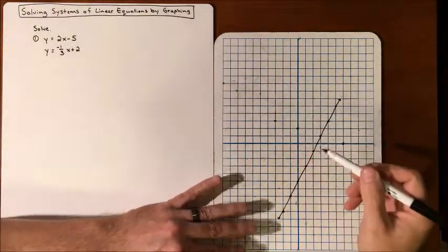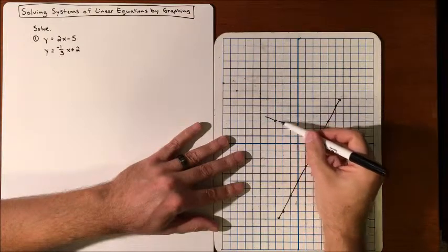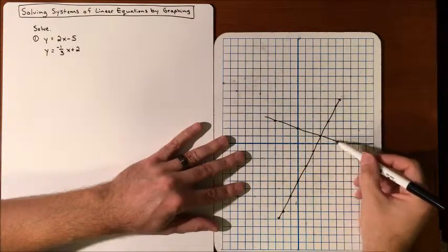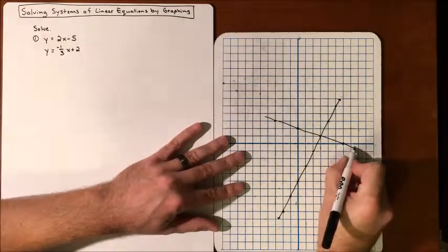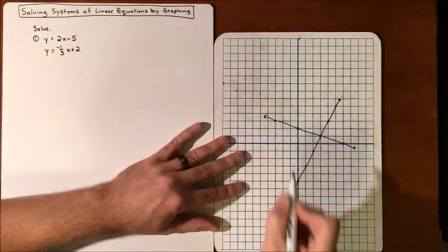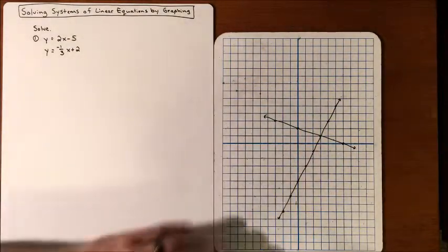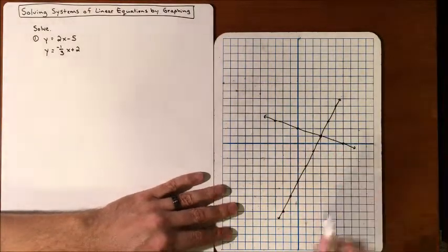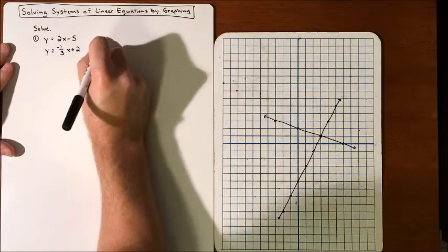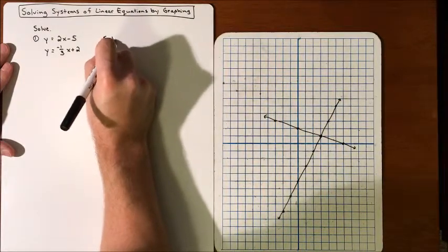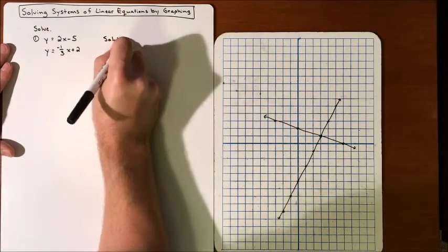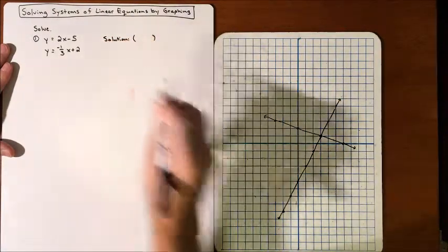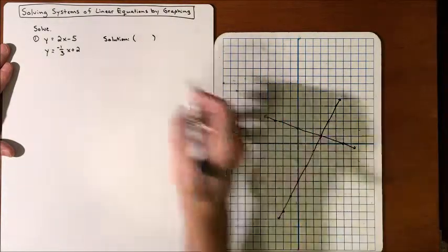So this graph has a negative slope, and we are looking for what point they have in common. The lines intersect at this one coordinate. So the solution to this is that coordinate. And that coordinate is 3, 1.